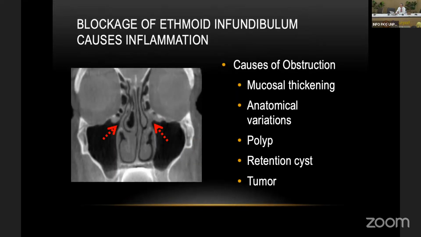Now, if you see blockage of the osteomeatal complex, you are always looking at the possibility of mucosal thickening, sinus inflammation, anatomic variation, polyposis, or retention cyst. Sometimes a tumor can block the osteomeatal complex.